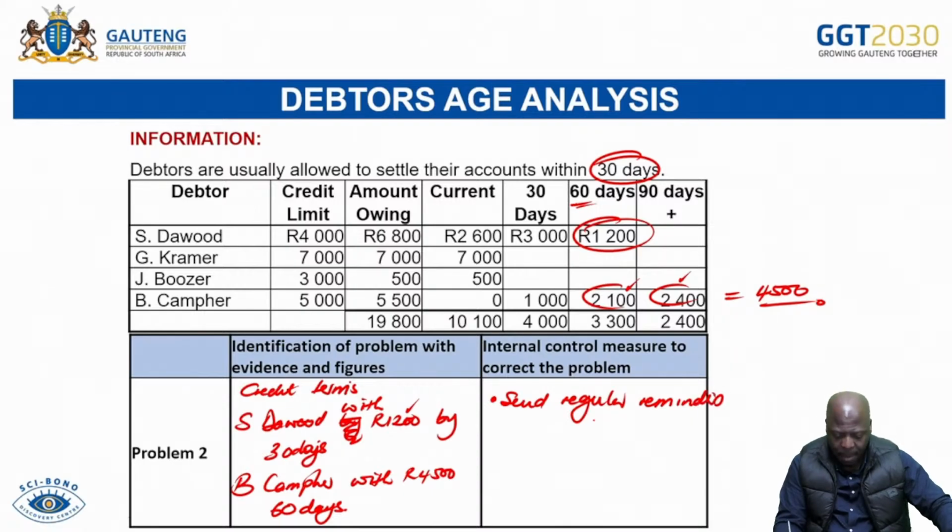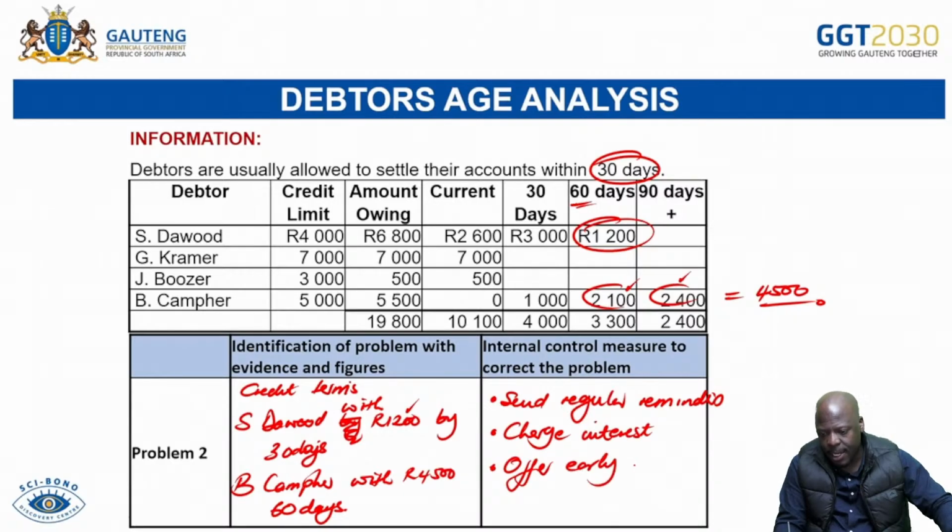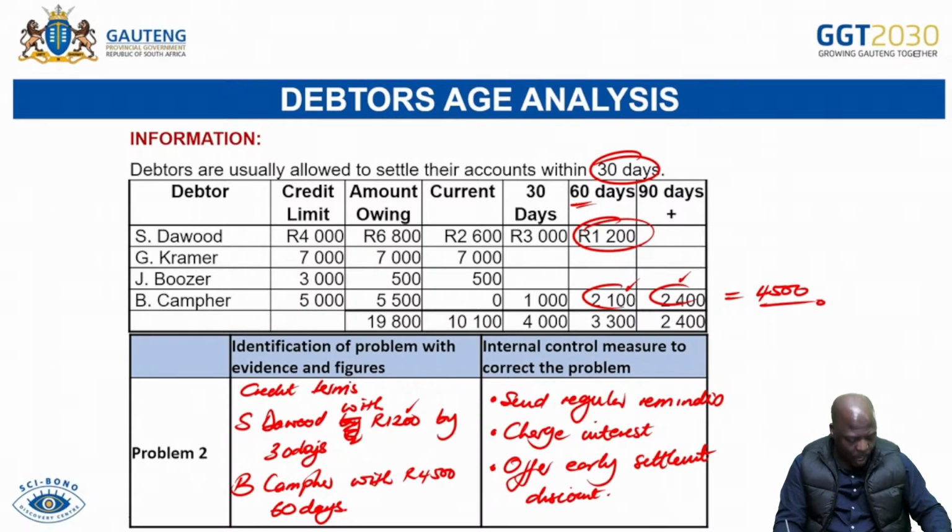Next we can charge interest for debtors that are paying late, and then we can also offer them an early settlement discount. So that becomes our problem number 2.